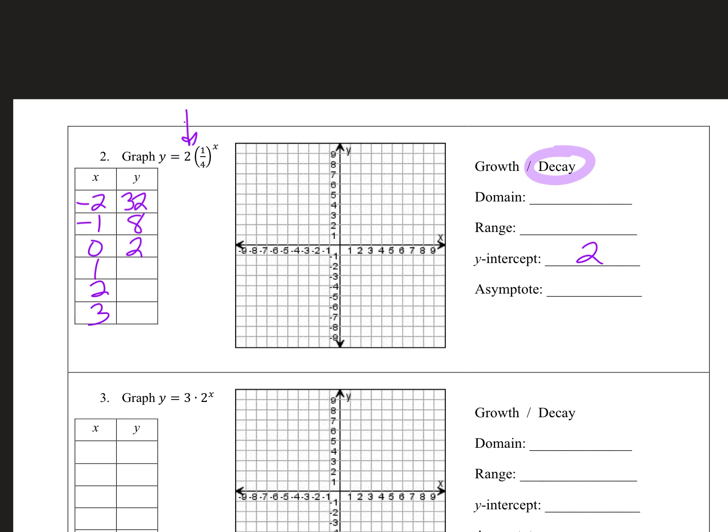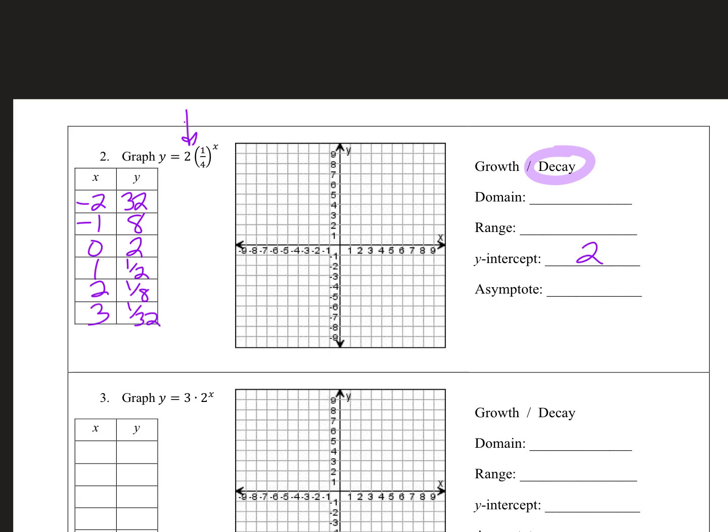Okay, and then 2 times 1/4 to the 1 is 1/2. 2 times 1/4 to the 2 is going to be 1/8. 2 times 1/4 to the 3rd is 1/32. So we went from pretty big, 32, to pretty small, 1/32.